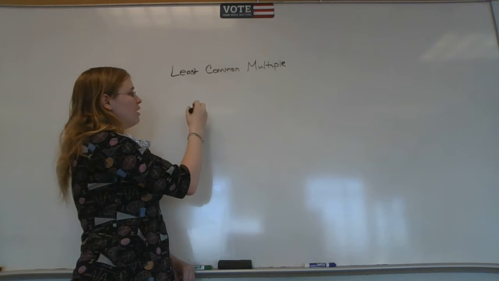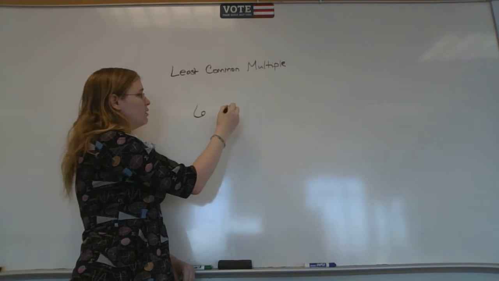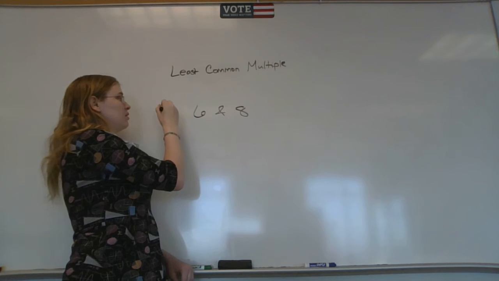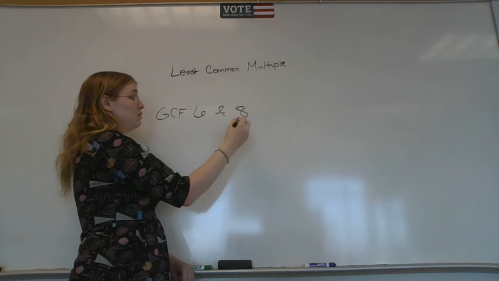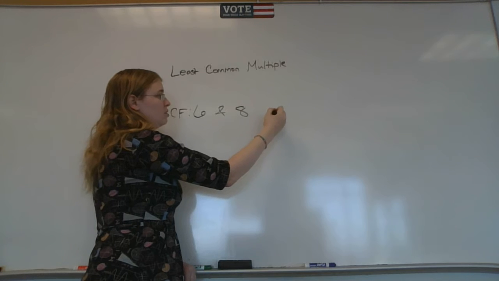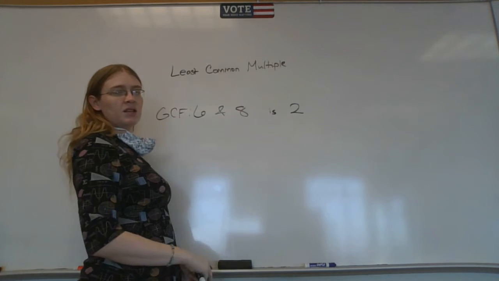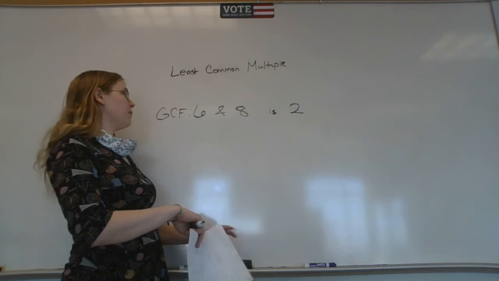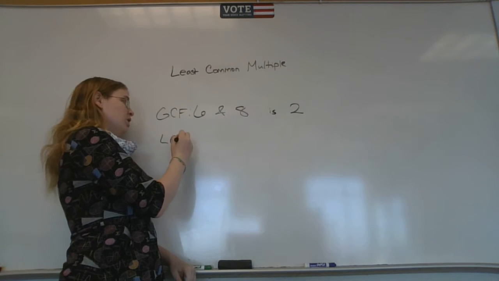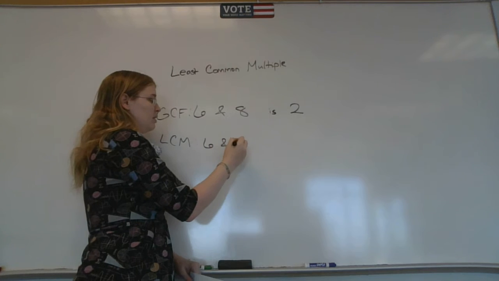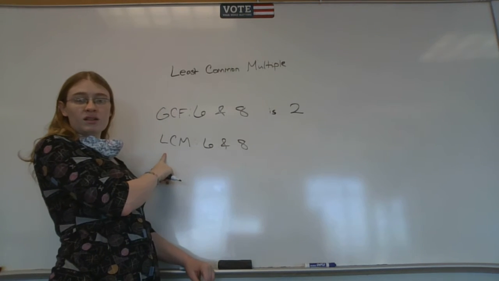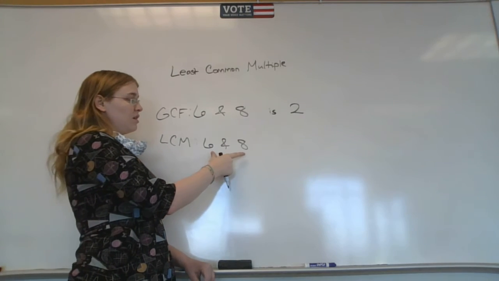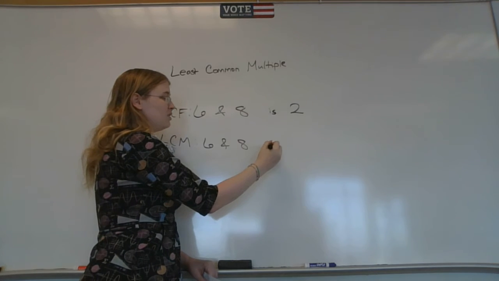So you would say the greatest common factor of 6 and 8 is 2, because 2 is the biggest number that goes into 6 and goes into 8. All right? Least common multiple of 6 and 8 is the smallest number, least, that 6 and 8 both go into.